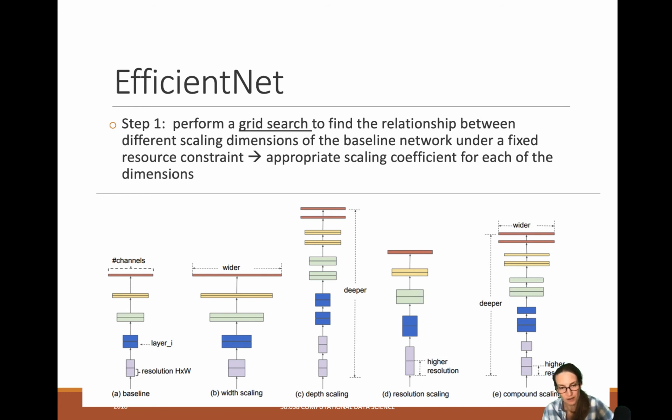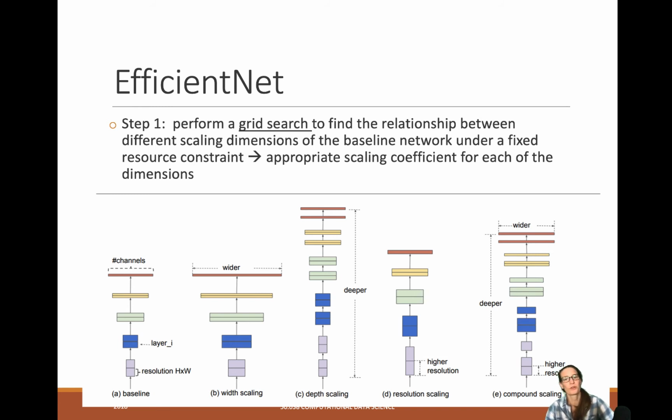It can be very hard to figure out how to scale your network and set your hyperparameters. Basically, EfficientNet solves this by saying that we need to use one uniformly scaled method. So we do scaling on all different levels using one scaling factor.